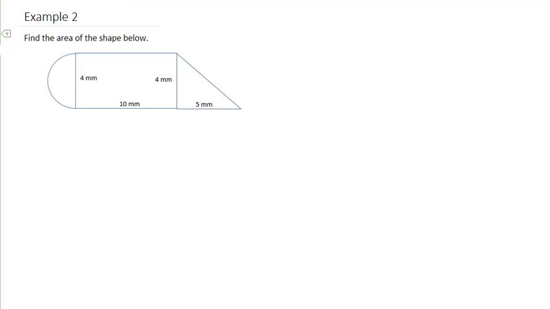Find the area of the shape below. So you can see we have 3 different shapes that we could separate this into. We have a half a circle, a rectangle, and a triangle. So let's go ahead and find the area of this circle. So the circle is pi r squared.